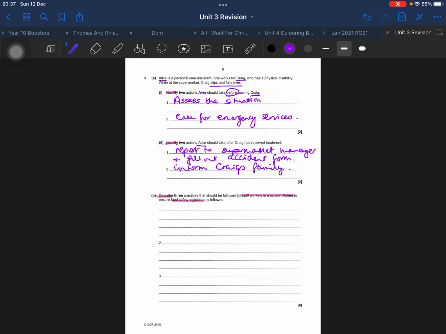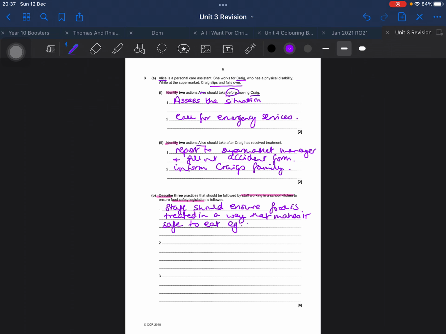So to do that, we need to make sure food is not contaminated. So staff should ensure food is treated in a way that makes it safe to eat.